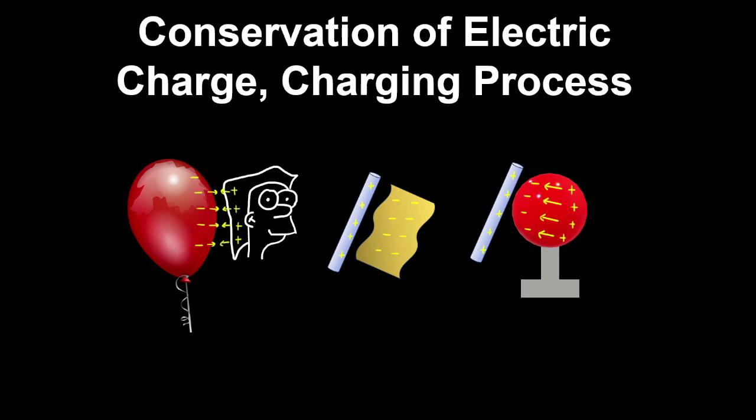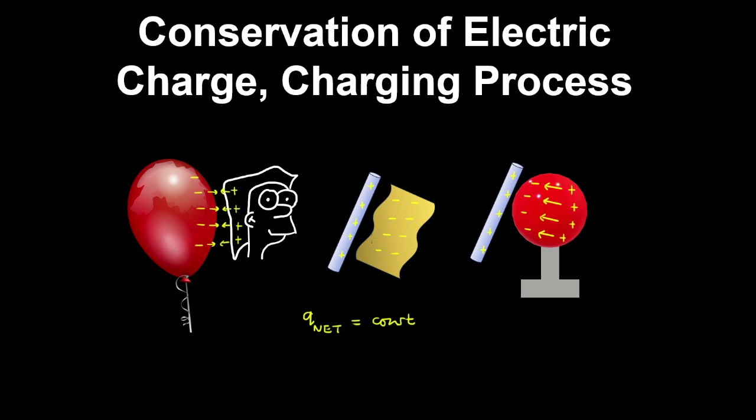So in general, any change to a system's net charge is due to the transfer of charge between a system and its surroundings. So therefore charge is conserved and the net charge is constant. So effectively when the glass rod loses charge to the silk cloth, this is basically a transfer of charge.